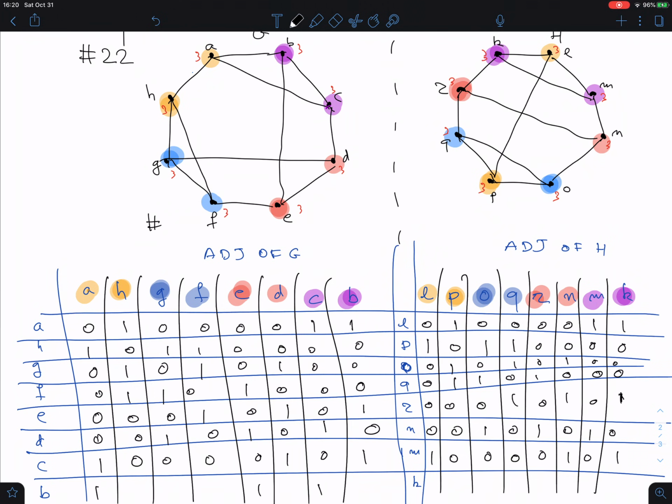It takes time, and you have to play around and try. The first try was, I made good guesses, but they were not good enough. And sometimes, even if you make good guesses and there's nothing wrong with them, you still might not get an isomorphism.